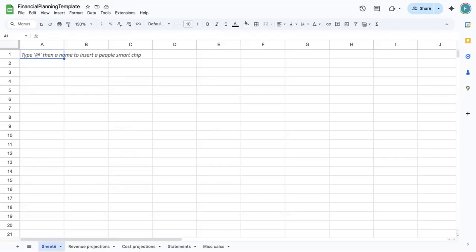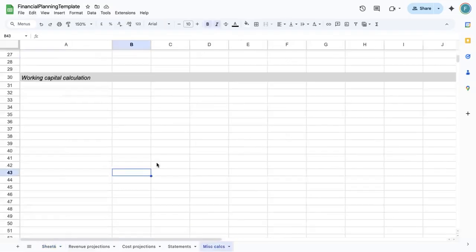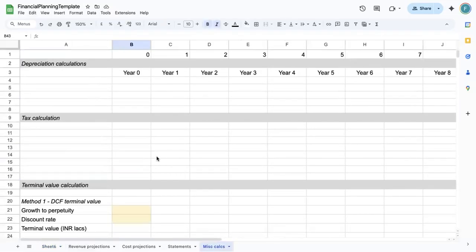So what's the miscalcs about? Essentially, there are certain things here where you might want to look at specific pieces of calculation which you don't want to put in your overall assumptions. So for example, depreciation calculation, because it's a little typical: year on year, you'll have a certain amount of infra capex or capital expenditure that you're doing, and then you have to calculate the depreciation on it, which will come year on year.